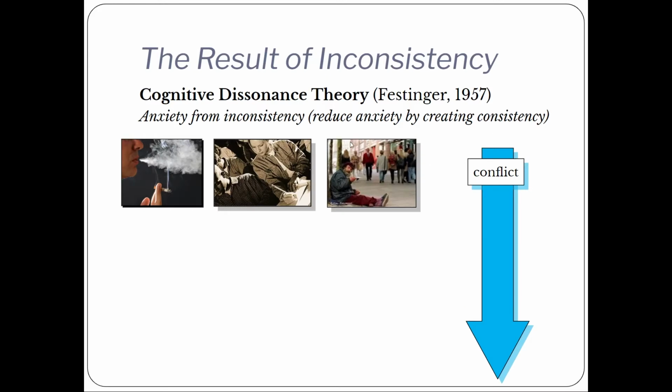The first step is that there is a conflict among our cognitions, among different attitudes, values, moral behavior, etc. For example, someone might be a smoker, but also know that smoking is bad for them. So there is a conflict and cognitive dissonance right there.